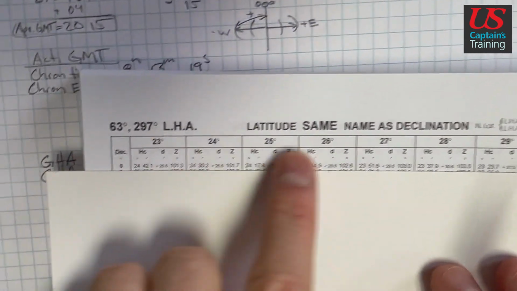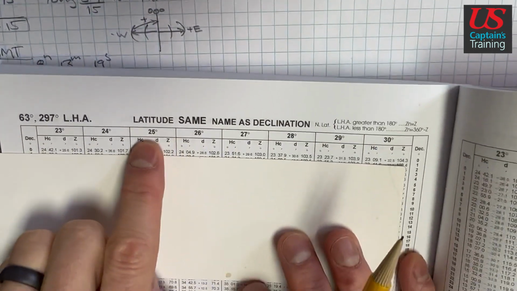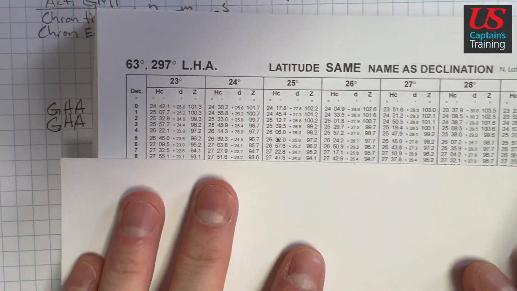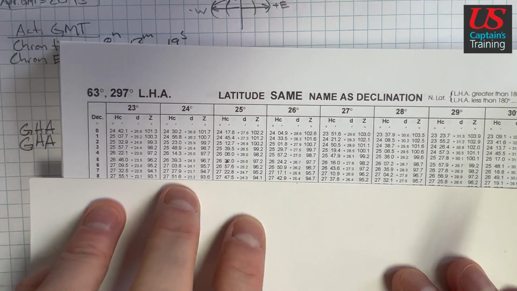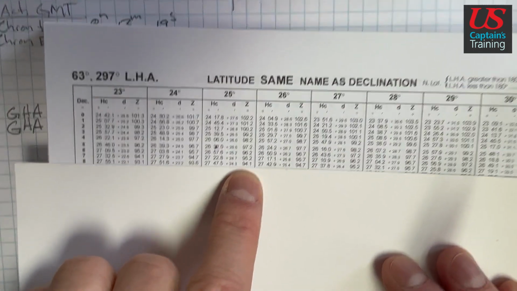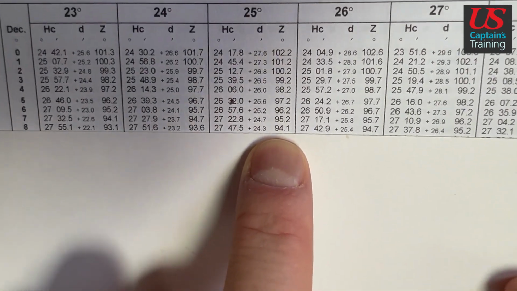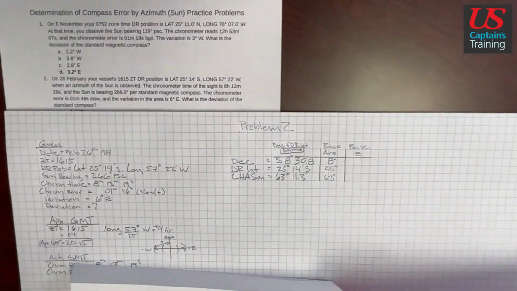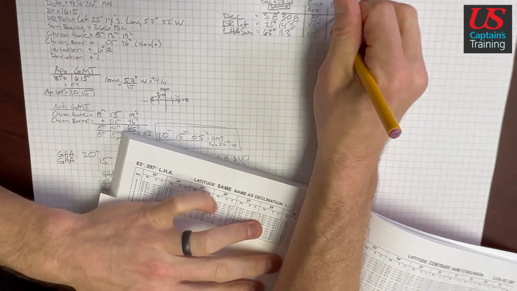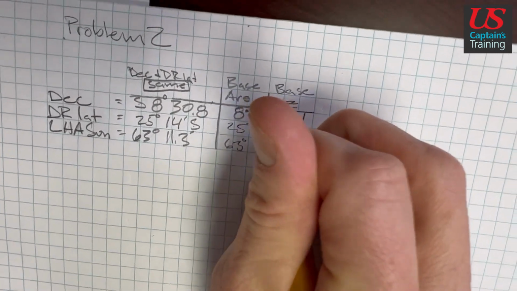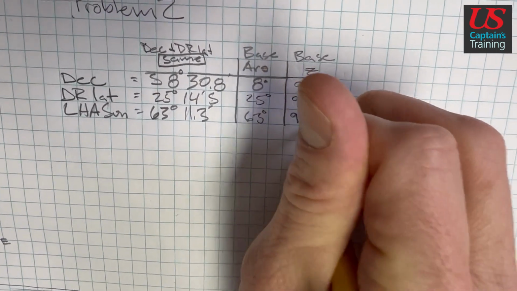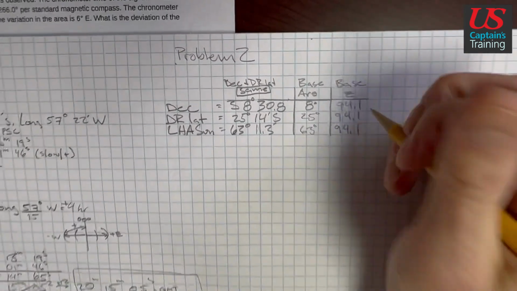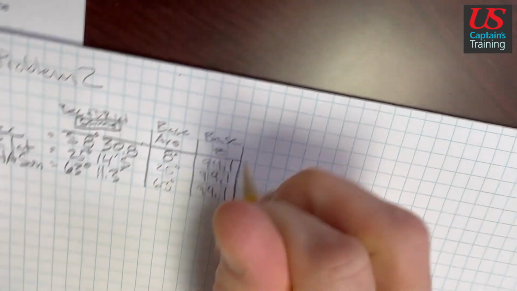So again, 63, same, 25, and now a declination of 8. Here we are, 63, same, 25. So we're at 94.1. That's our base angle, 94.1. We use it through all three of these. Okay. And now we need to get our tabulated angle, or tab Z.